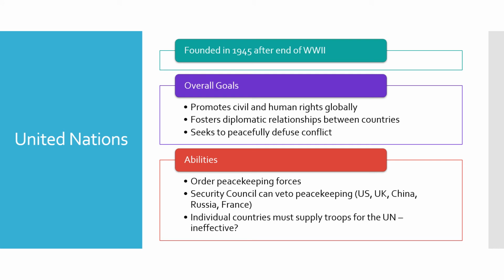Globally, the best example of this is the United Nations, founded in 1945 after the end of World War II. And the big goal, at least immediately, was that number 2 bullet there for overall goals, fostering diplomatic relationships between countries and to seek to peacefully diffuse conflict so that World War II and World War I would not happen again, and that before war began, the world would have some sort of diplomatic channel to be able to talk about their problems.